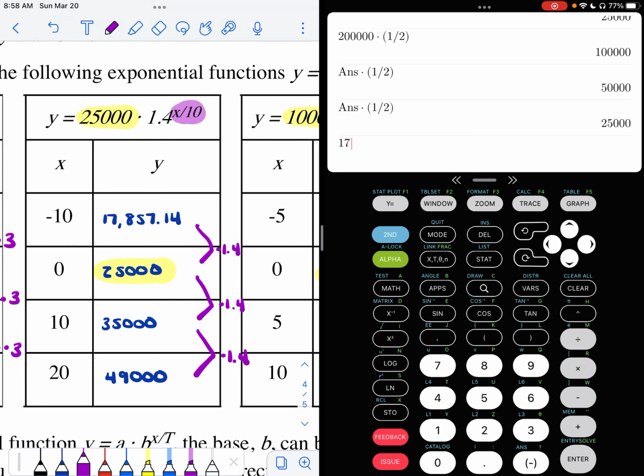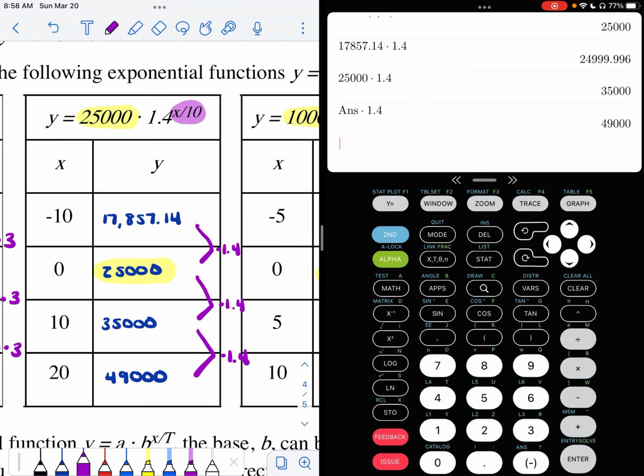So if we take, and this one might be a little off because we did round this decimal, 17,857.14 times 1.4, that's pretty close to 25,000. And if we take 25,000 times 1.4, we get 35,000.